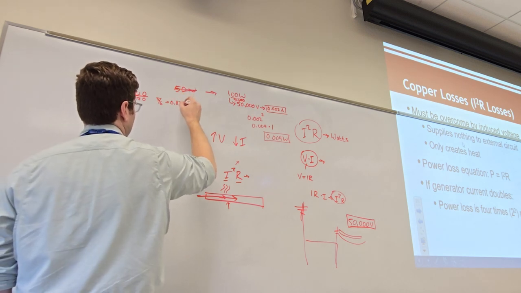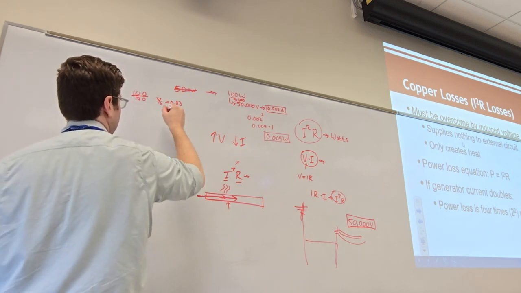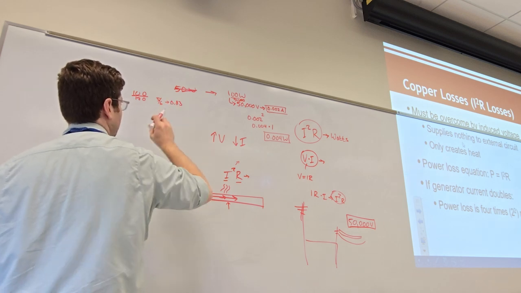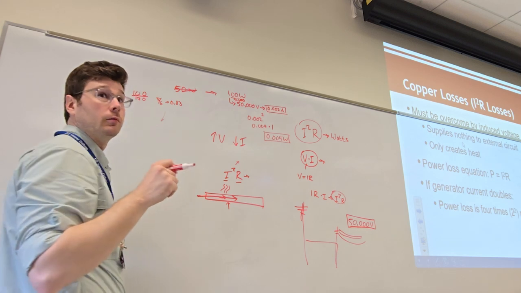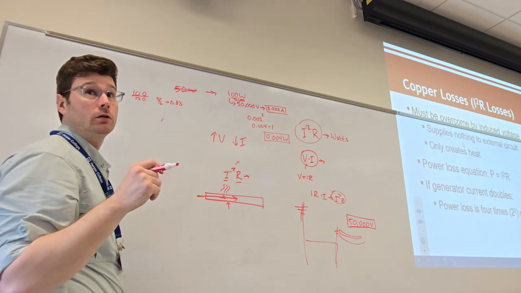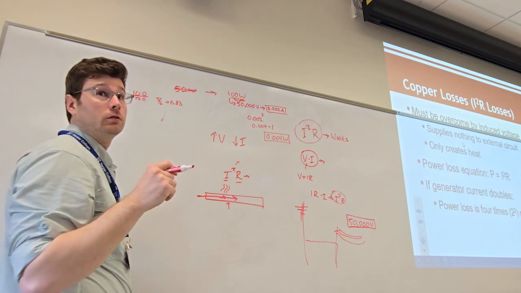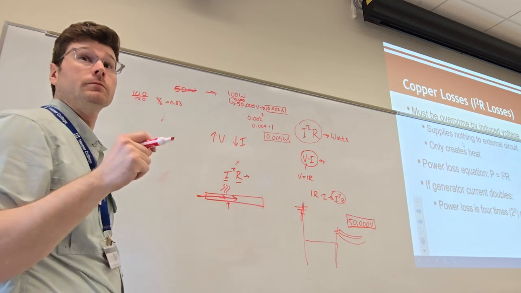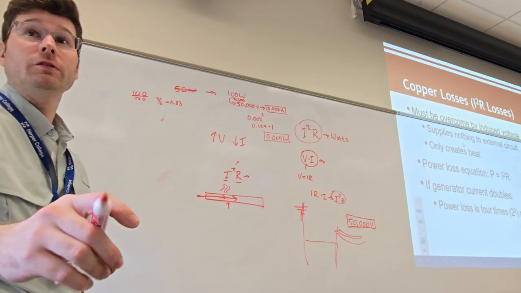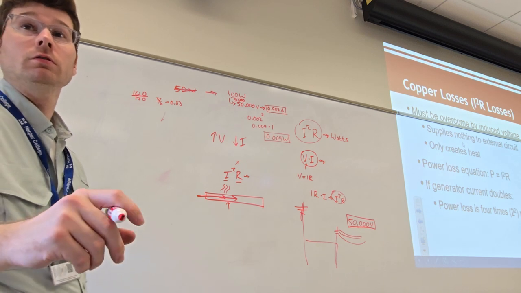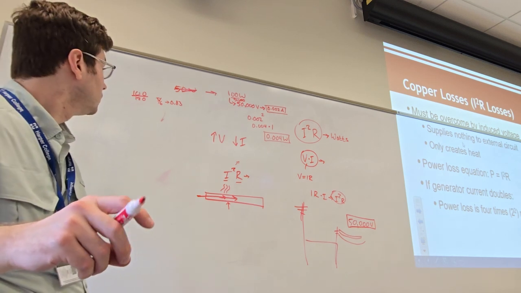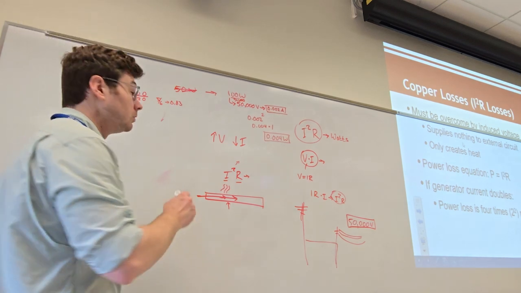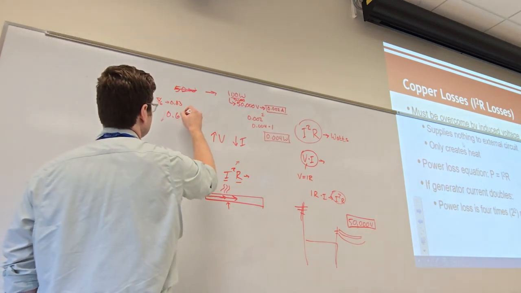Okay, what's that squared? 0.83 times 0.83? 0.68.